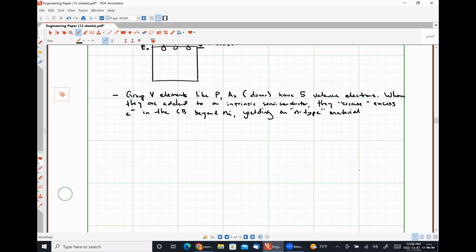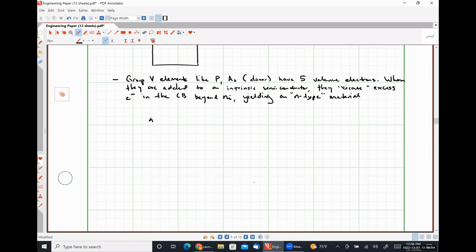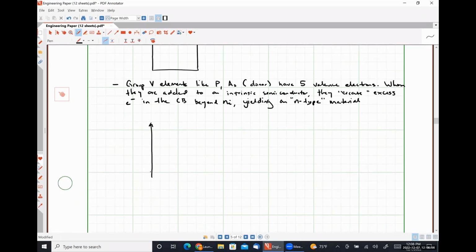Okay. So very similarly, we can explain this looking at an electron band or energy band diagram.